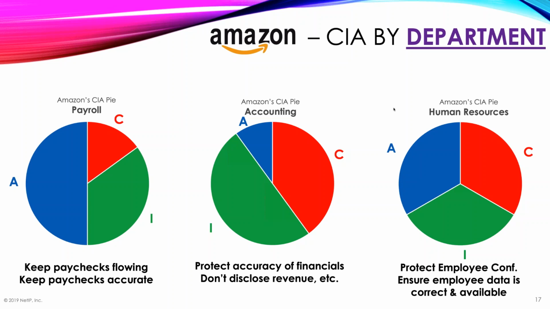The R&D department wants to keep the new product that they are working on developing a secret so that their competitors can't steal it, but the sales department wants to go out and start selling it. Well, you kind of have to tell your customer something about the product if you're going to sell it to them. And so those two wind up at odds with each other on a pretty regular basis. And that's when security has to step in and be the mediator. That's pretty much how that has to work.